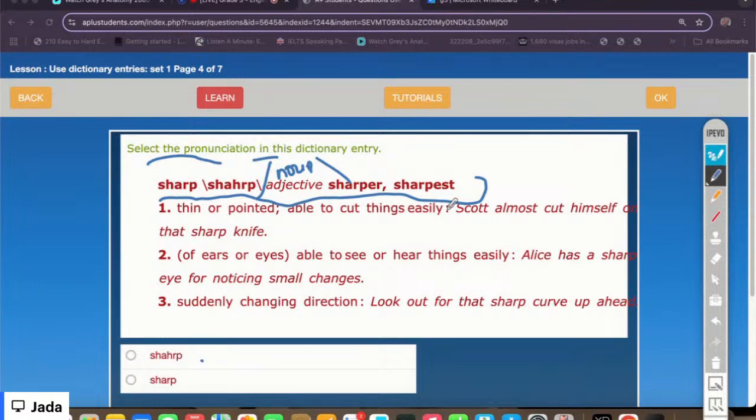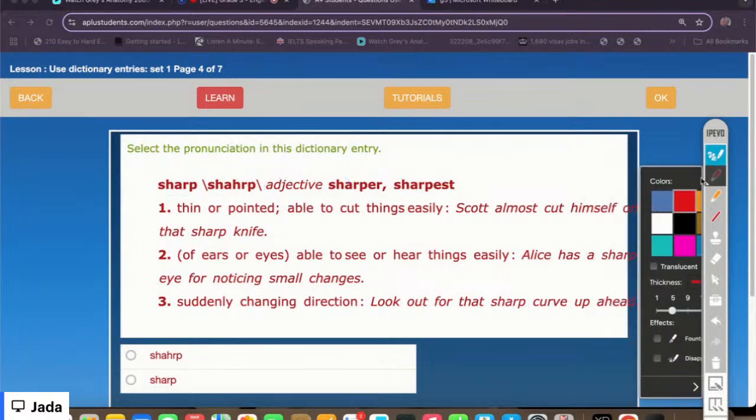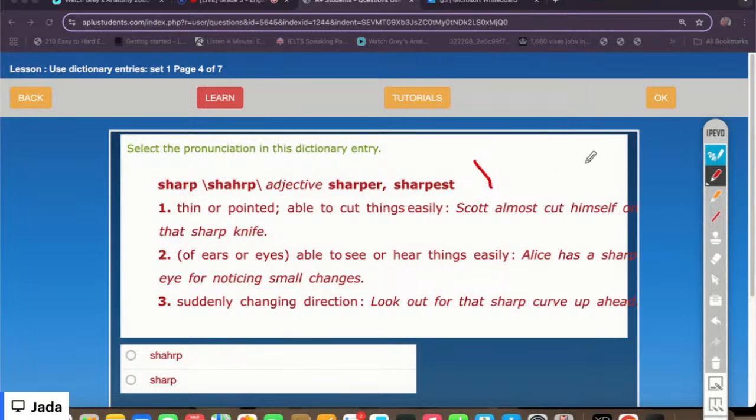Usually the pronunciation is written like this, in slashes like this. So this is the pronunciation, this one over here. You can look at it and see that this is the pronunciation.